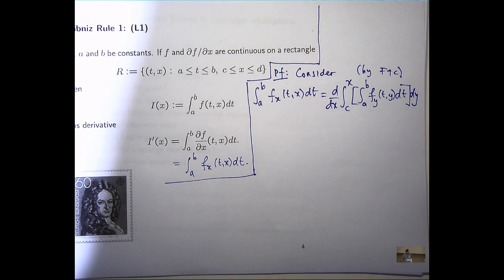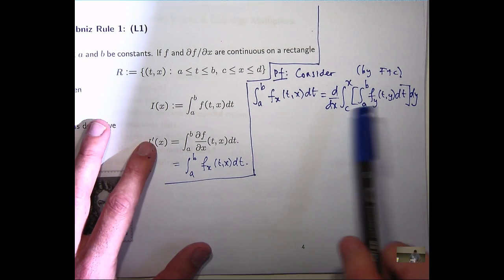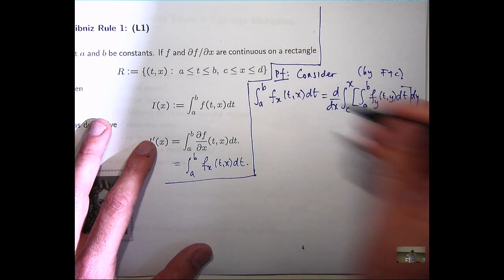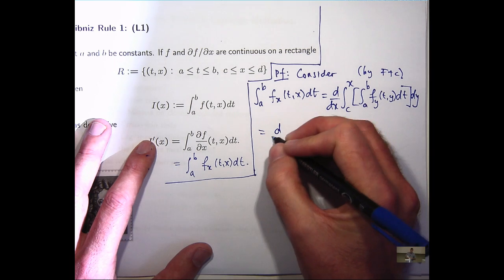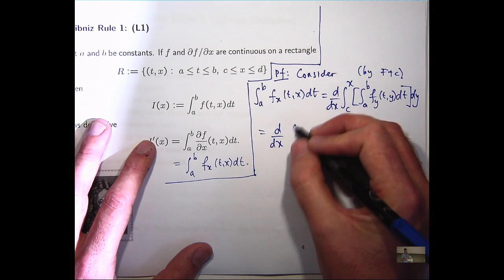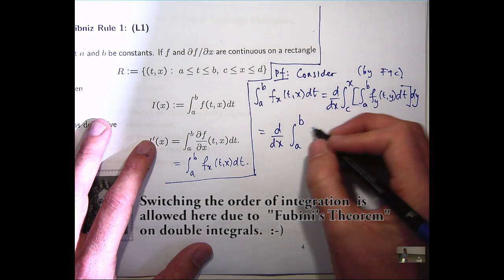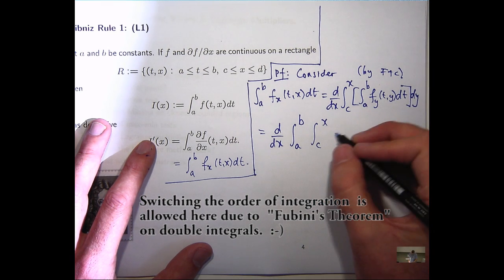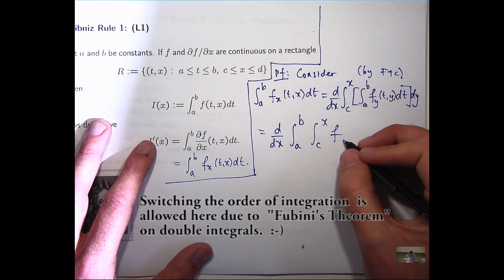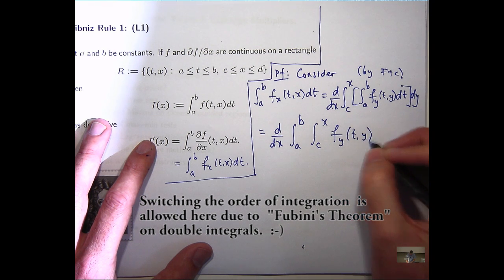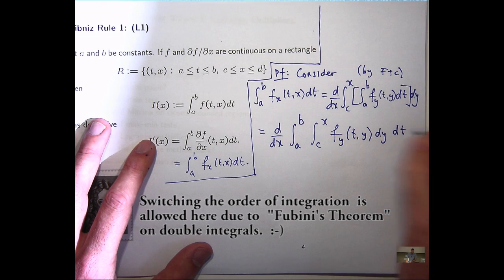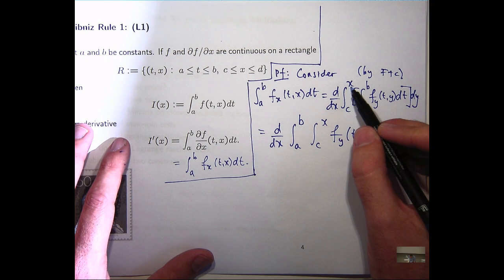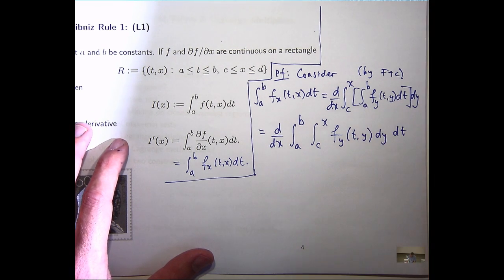Now, what I can do is switch the order of integration and switch these derivatives or these differentials. The y here is a dummy variable because there's my x variable up there.